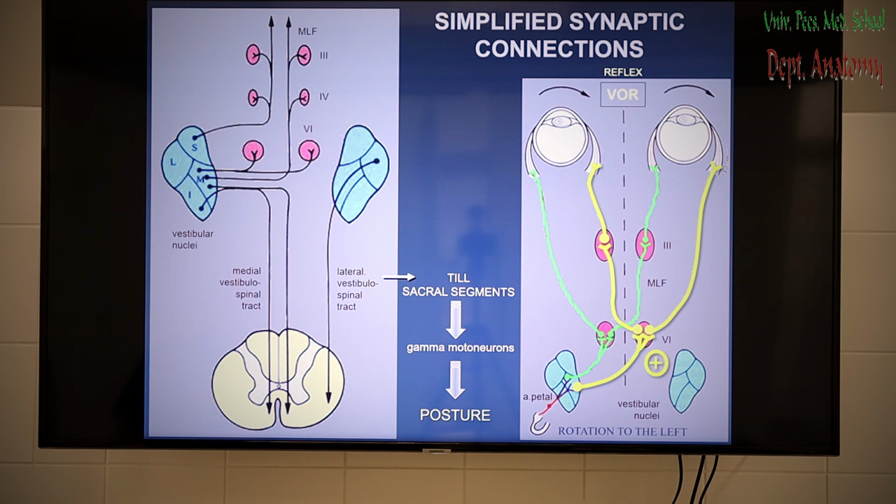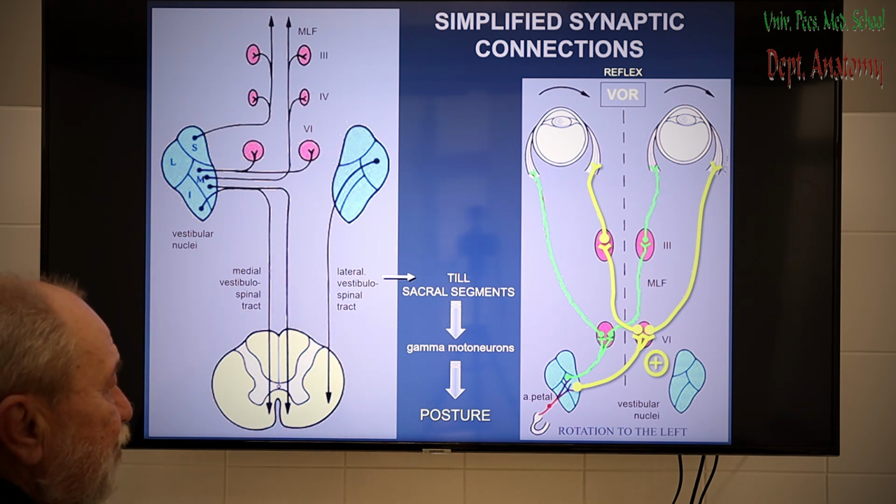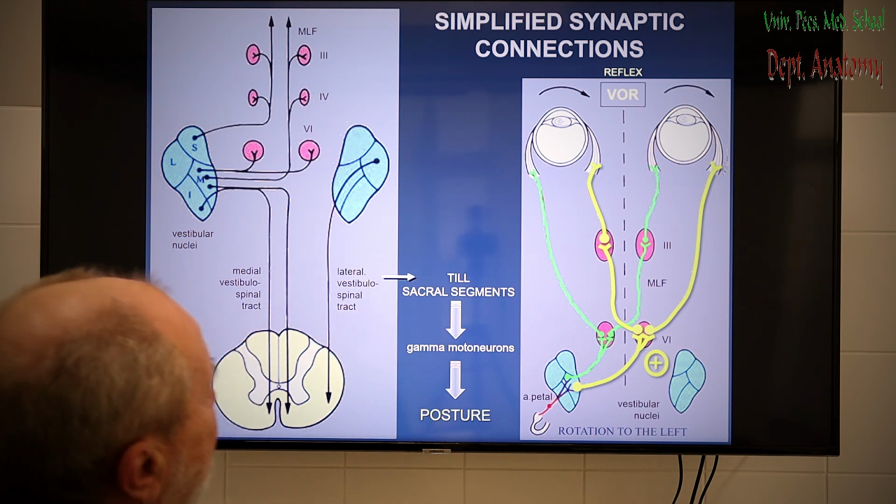Another important synaptic connection is involved in the vestibulo-ocular reflex. So one of the reflexes initiated by the vestibular system, and this one is eye movement as an answer to turning the head or the body. So therefore vestibulo-ocular is the name of it.